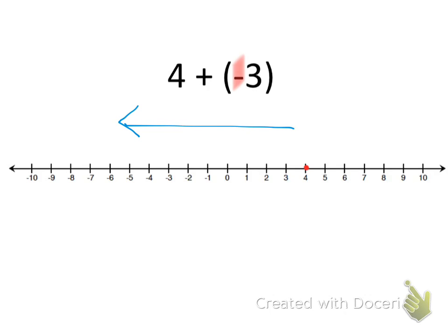So we're going to move to the left because it's towards the negatives. And the amount we're going to move is 3. So we are going to move 3 spaces to the left. 1, 2, 3. That must mean that 4 plus -3 is equal to 1. And I'm going to plot our sum, our final answer, on our number line.